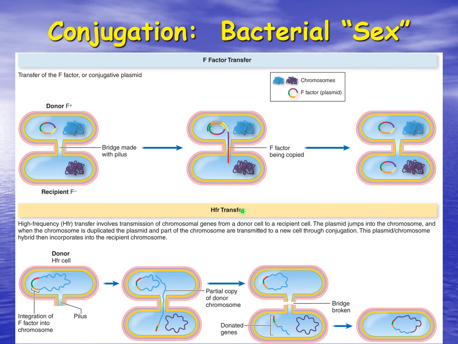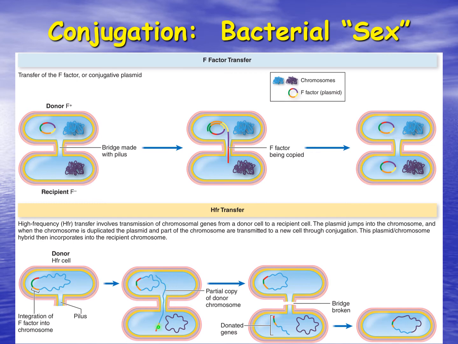High-frequency transfer is another form of conjugation that's a little bit different. Sometimes these plasmids actually are incorporated into the bacterial chromosome. And so we have the integration of the yellow portion right here, which is the fertility gene, and so it will grow a pilus. But what will happen is that we copy only a part of the fertility factor along with the rest of the plasmid and a little chunk of the donor cell's own chromosome.